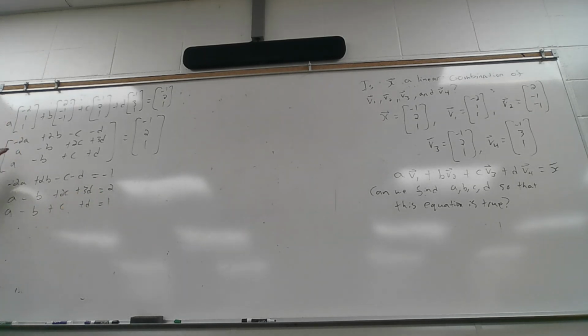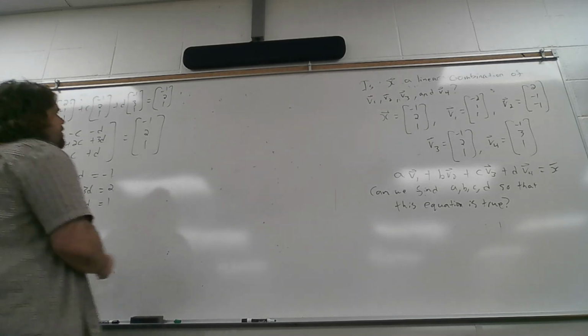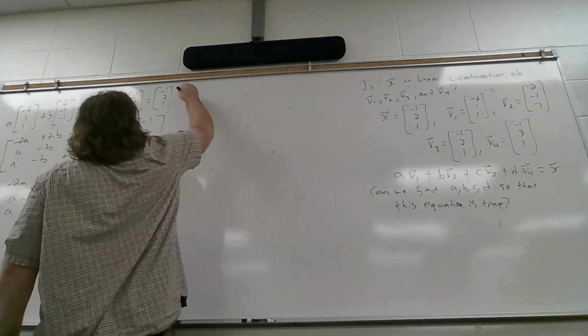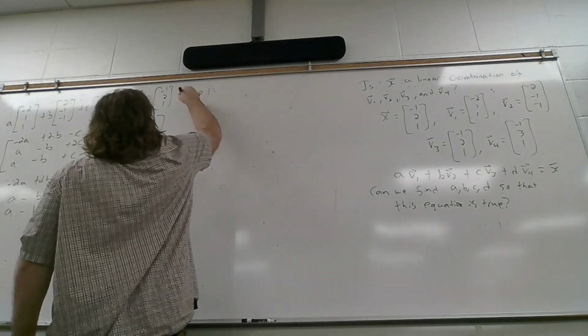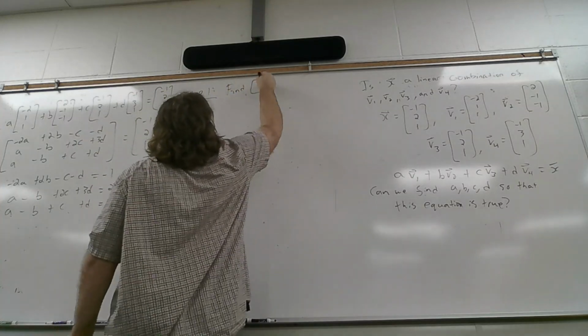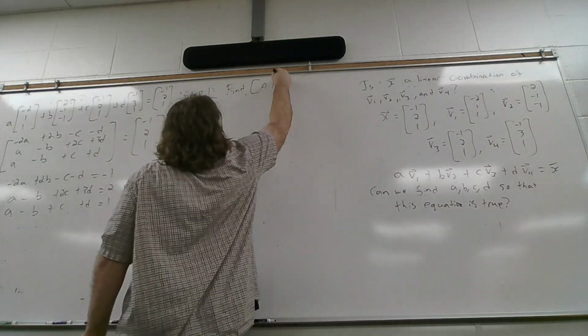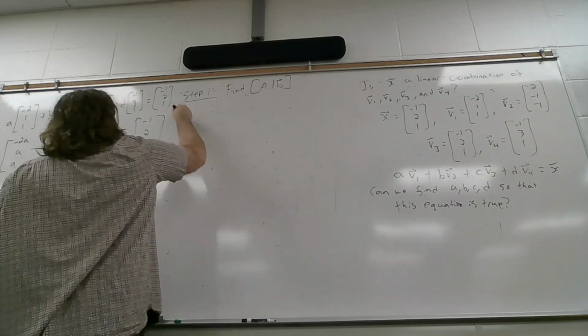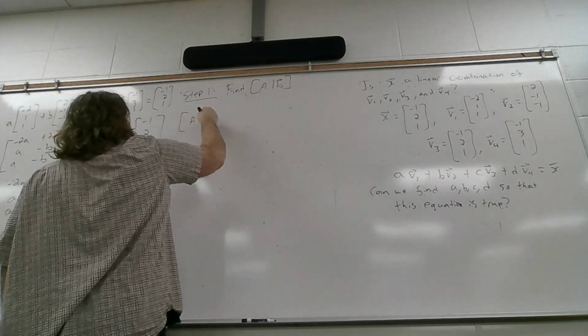And that's just from properties of vectors, right? They equal component-wise. But now this is a system. And we spent a painstaking amount of time talking about how to solve them. So step 1, we find that augmented matrix, which is just reading off our equation.